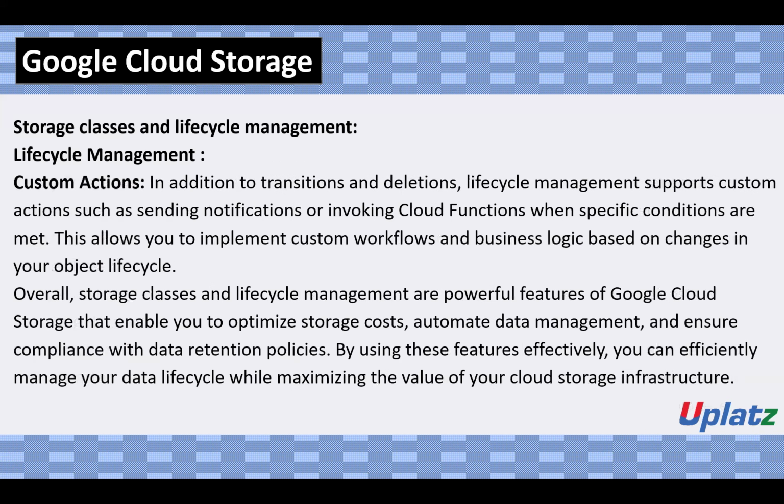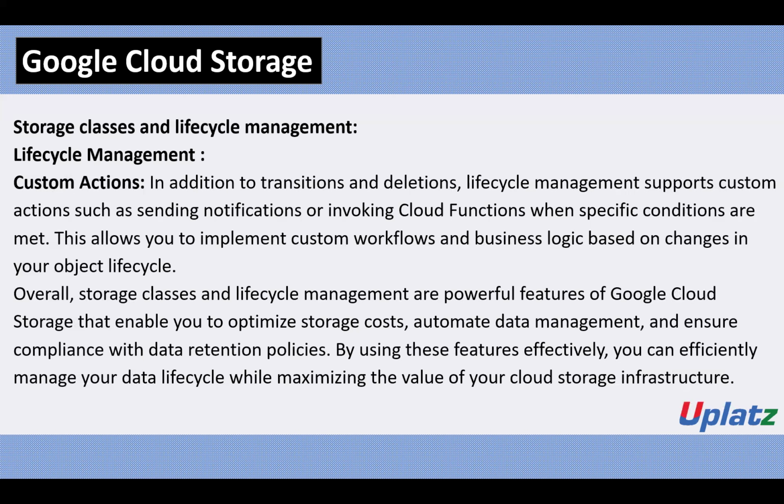The next point about lifecycle management is custom actions. In addition to transitions and deletion, lifecycle management supports custom actions such as sending notifications or invoking a cloud function when specific conditions are met. This allows you to implement custom workflows and business logic based on changes in your object lifecycle.